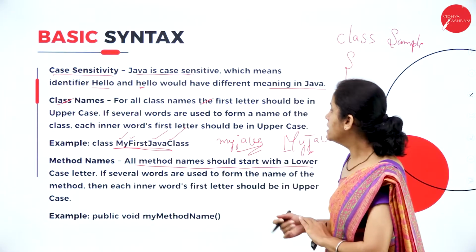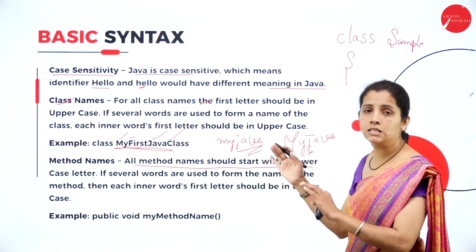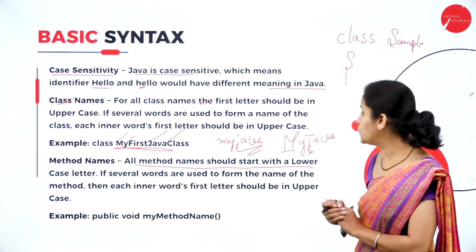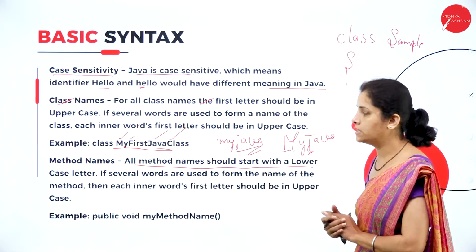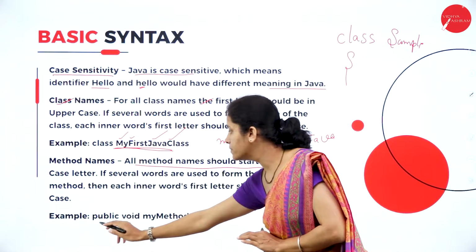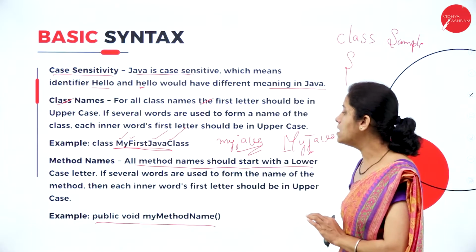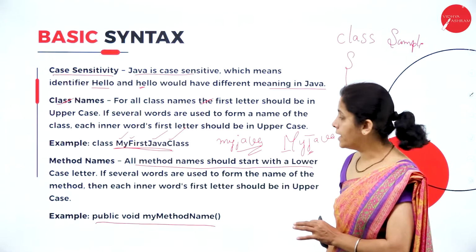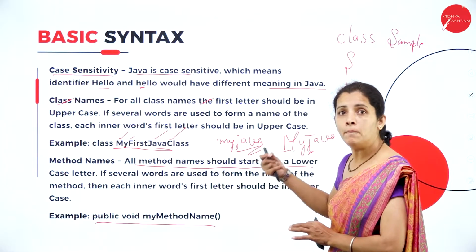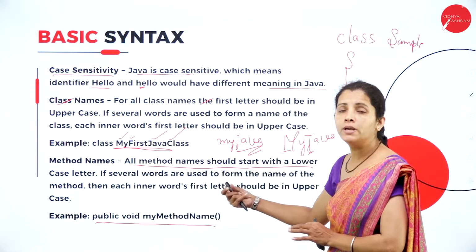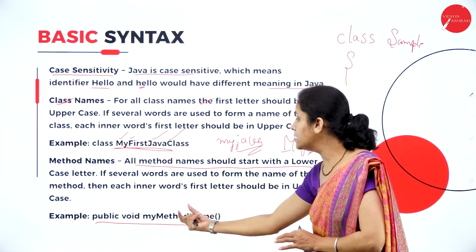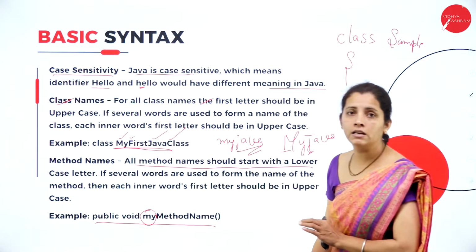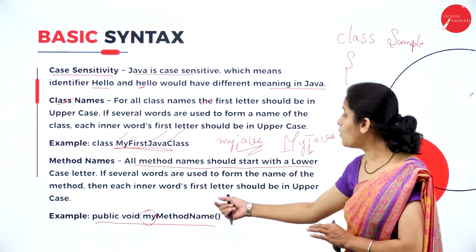So dear student, if I consider methods in Java, the method name is always going to start with a lowercase letter. So what is my method name here? According to the rule, my first letter should be a lowercase letter in my method declaration. For that reason, here I have written my in small letters.